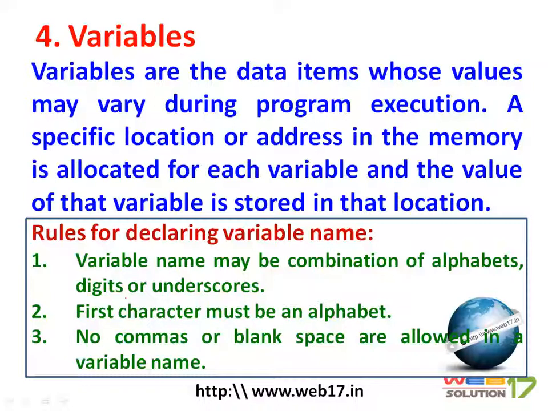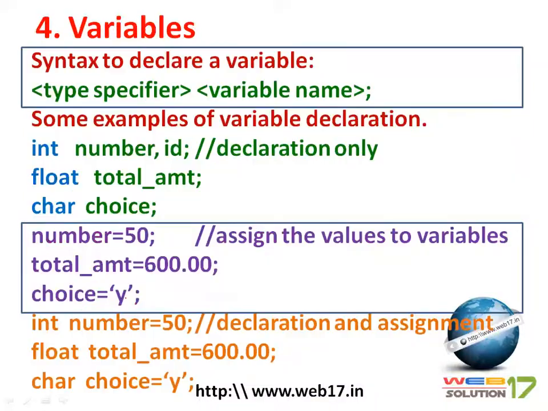Now we are looking at the syntax to declare a variable. It's very simple. First we need to take a data type and space, then declare any valid variable. Let's have some examples of variable declaration. This is an integer example: number and id are two variables.